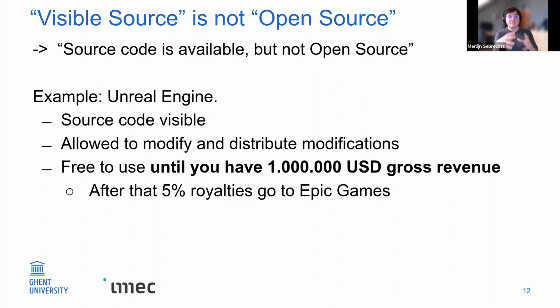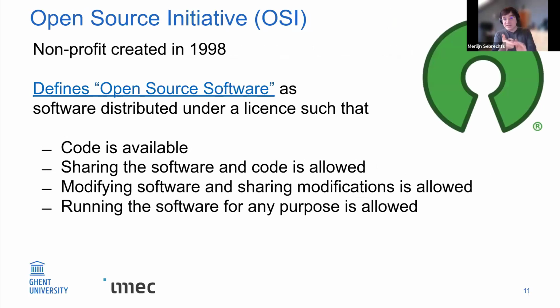After that, 5% of the royalties of your game go to Epic Games, which is the creator of the Unreal Engine. And so that's the difference between visible source and open source. Open source not only means that you can read the source code, but you also have to be able to freely share it with anyone, modify the software and share your modifications freely, and run the software for any purpose.